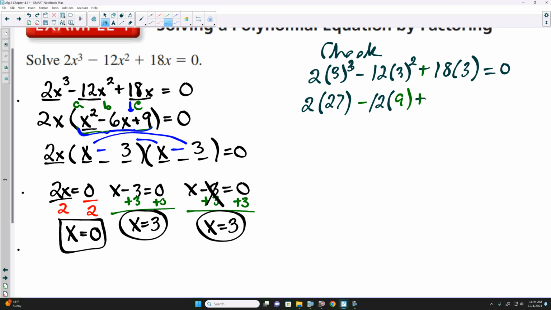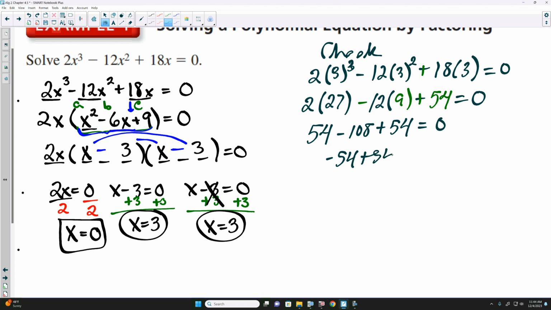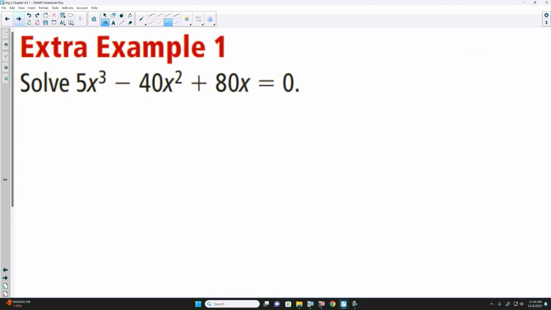And our 18 times 3 is 54. We're just checking it. 2 times 27 is 54. Negative 12 times 9 is negative 108. Plus 54. And if we solve this, that'd be negative 54 plus 54 is indeed 0, so it works. And again, we could have typed this whole thing into the calculator and let it do it for us, and it would have shown us that it does equal 0. So those are the solutions. Questions on this so far?